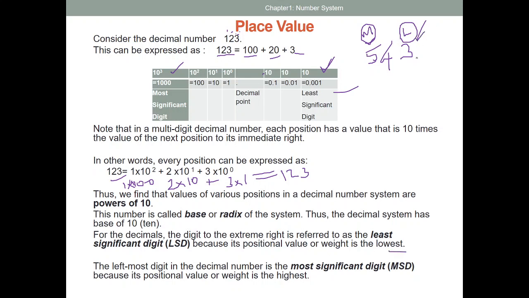Here, 10 to the power 2, 10 to the power 1, and 10 to the power 0. Next, the leftmost digit is the most significant digit because its positional value is highest.